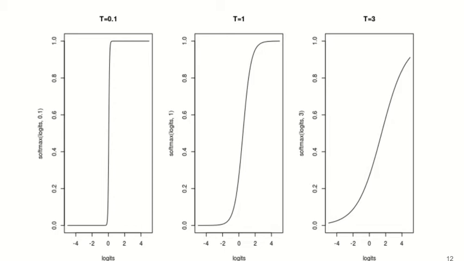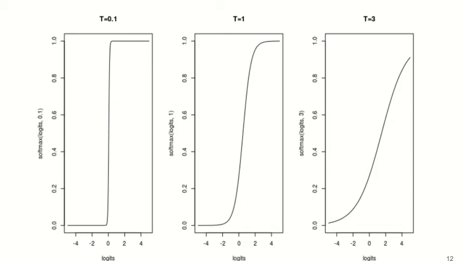Then on the left-hand side we have T equals 0.1, and we see these really sharp edges, and this shows us that if T is small, we will get a more extreme value for this function. You can prove mathematically that as T approaches 0, we will get a max function, and if T approaches infinity, we will get a uniform distribution. Of course, this extends to more than just the two-dimensional case shown here.